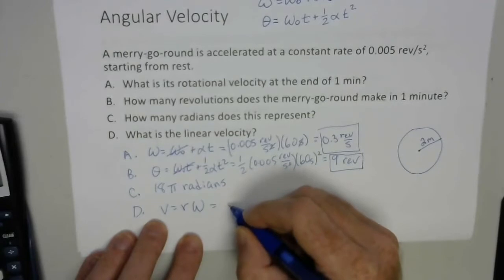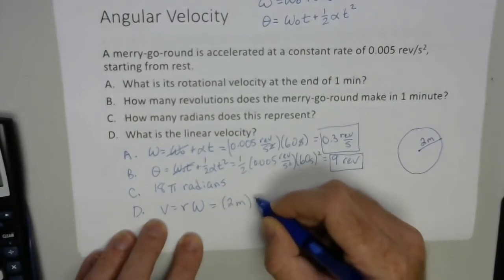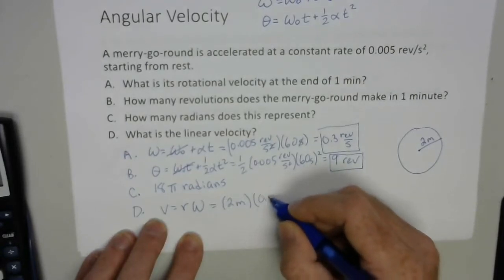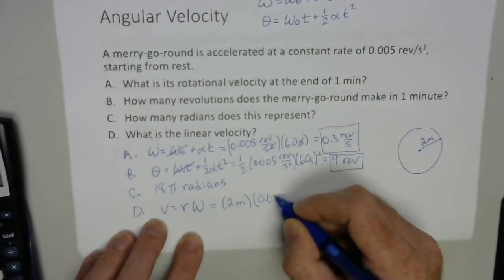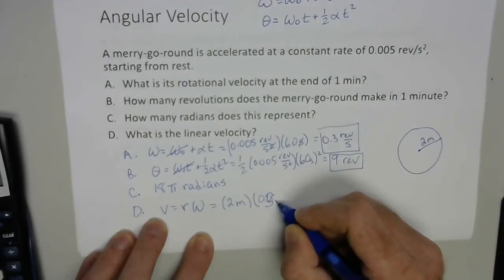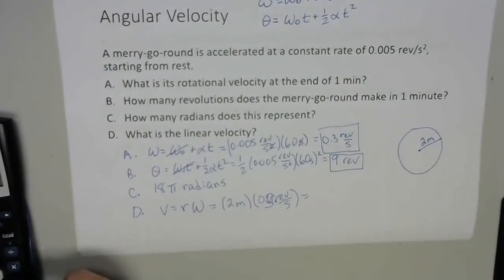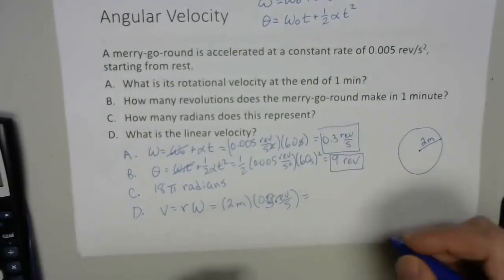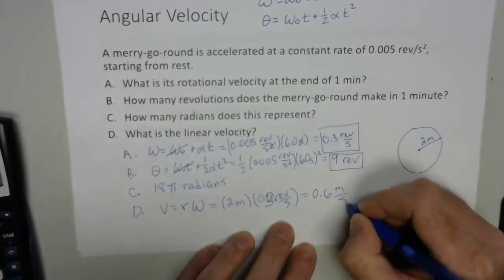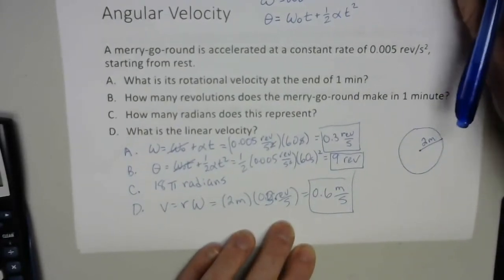So the radius, 2 meters, times 0.3 revolutions per second, and 2 times 0.3 would be 0.6 meters per second. And that would be the linear speed.